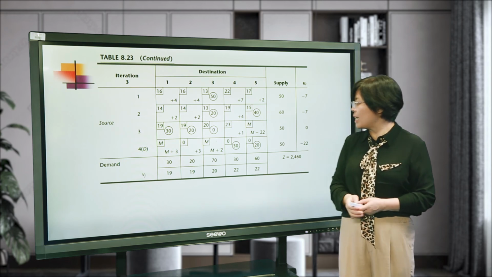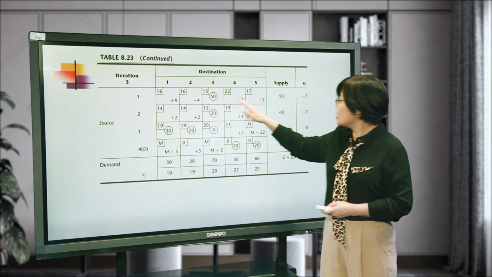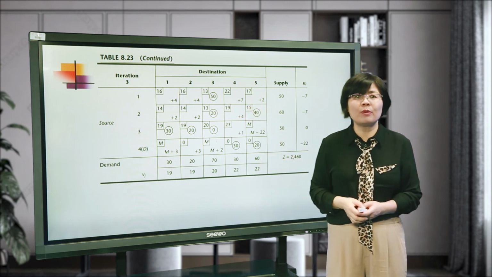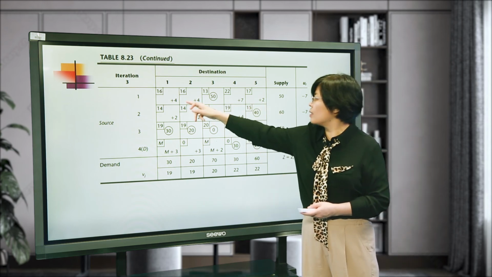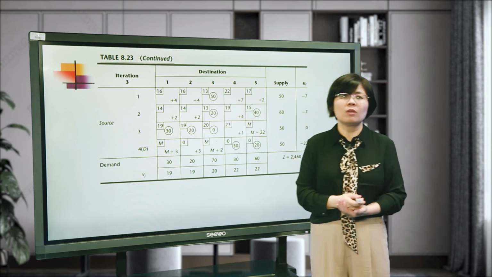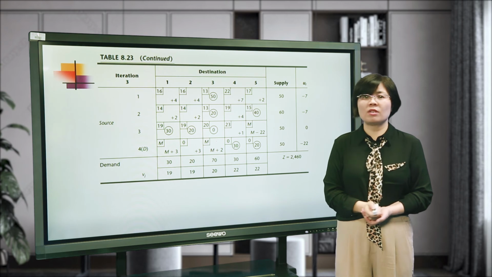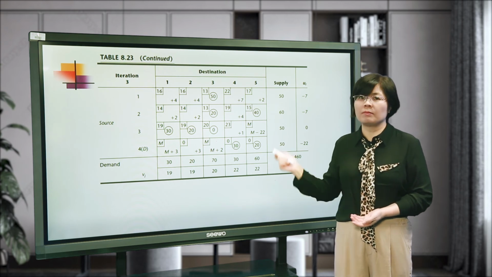Now let's see this table. All the sigma ij of the non-circled number cells are non-negative. So this is the optimal solution of the problem.